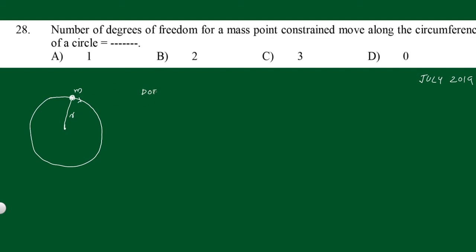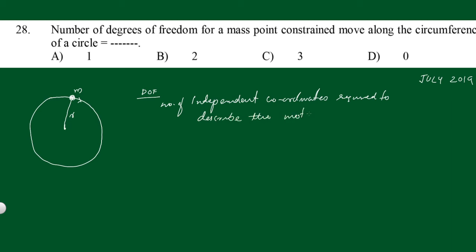The degrees of freedom is the number of independent coordinates required to describe the motion of the system.